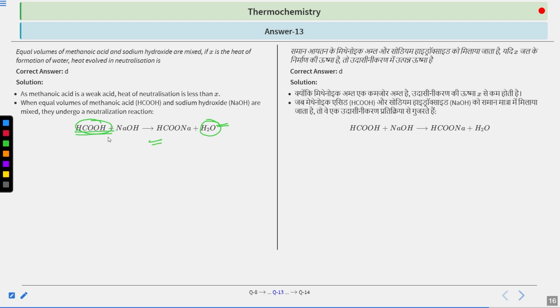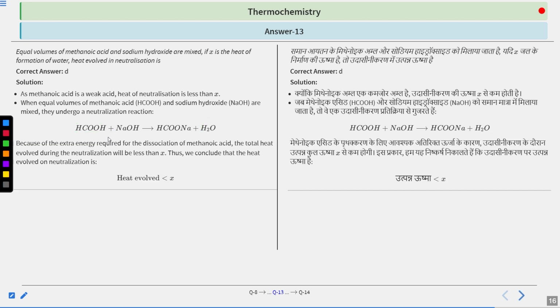This is the main point here for this question. Due to that, the amount of heat that should be released in the ideal case is not the one that we get, because some of the heat is used up in breaking this bond or dissociating this formic acid. That thing is already mentioned here, that the extra energy required for the dissociation of methanoic acid, the total heat during the neutralization will be less than X.